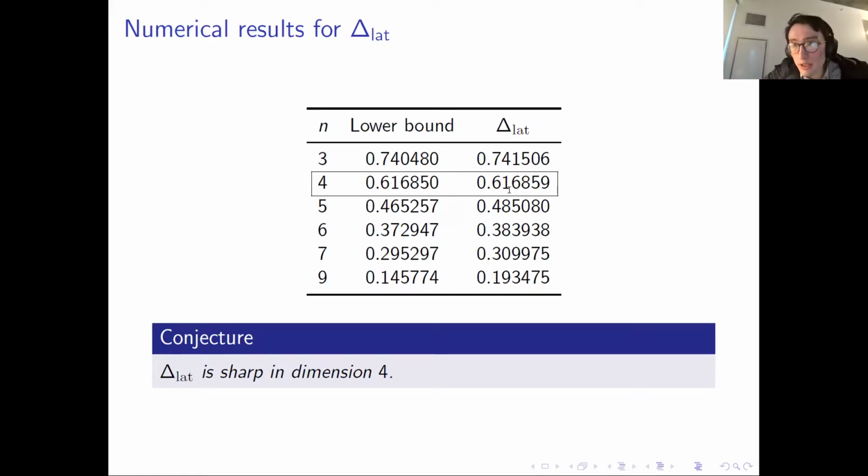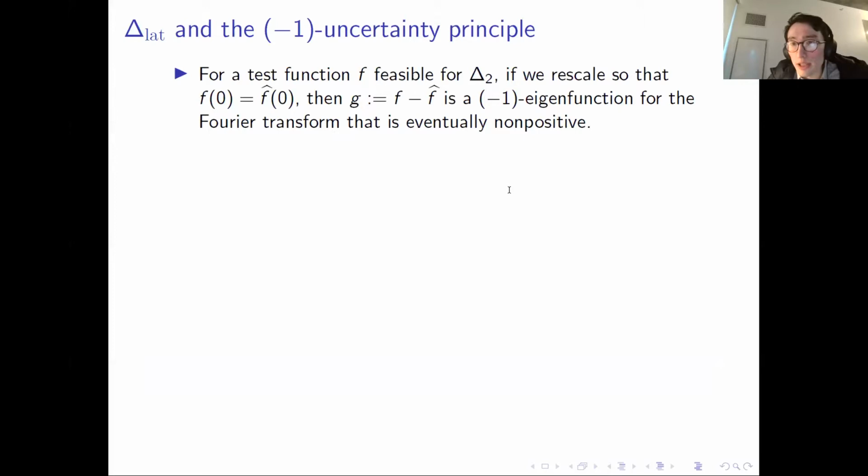So we mentioned 2 things earlier, the -1 uncertainty principle and modular forms. Let's give a brief hint on how these generalize to this lattice bound setting. Let's spell out the connection between the linear programming bound and the -1 eigenfunction uncertainty principle.